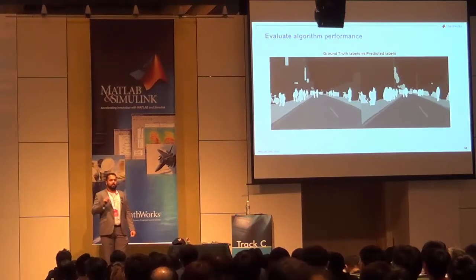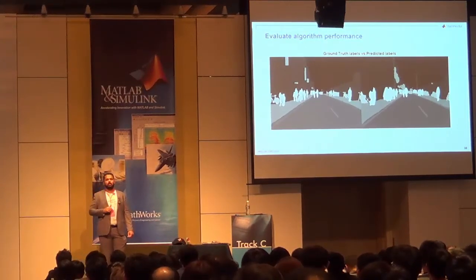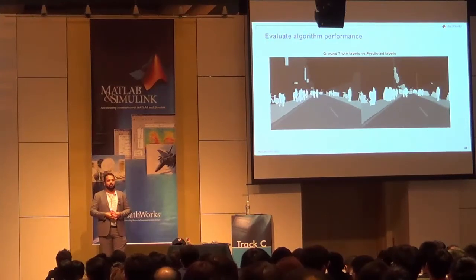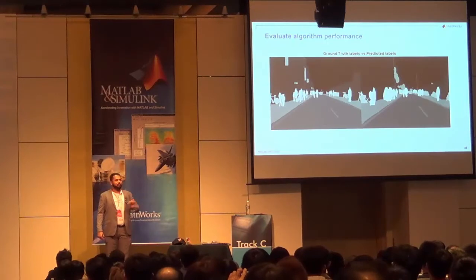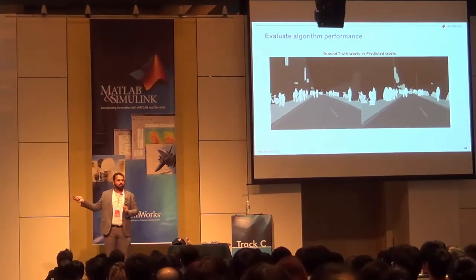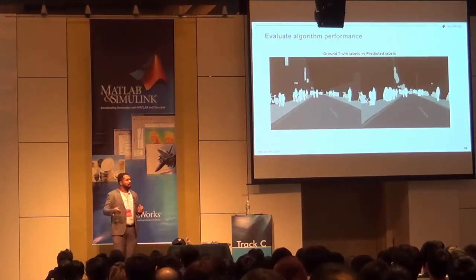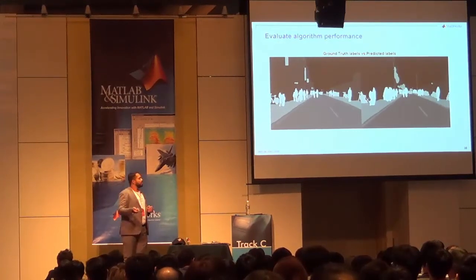Now, how do you measure that the model is actually performing well? If you count the number of pixels that are wrong, you may get a very bad result, right? Because there's hundreds of pixels that are wrong. But how wrong? I mean, let's say I was creating a self-driving vehicle.